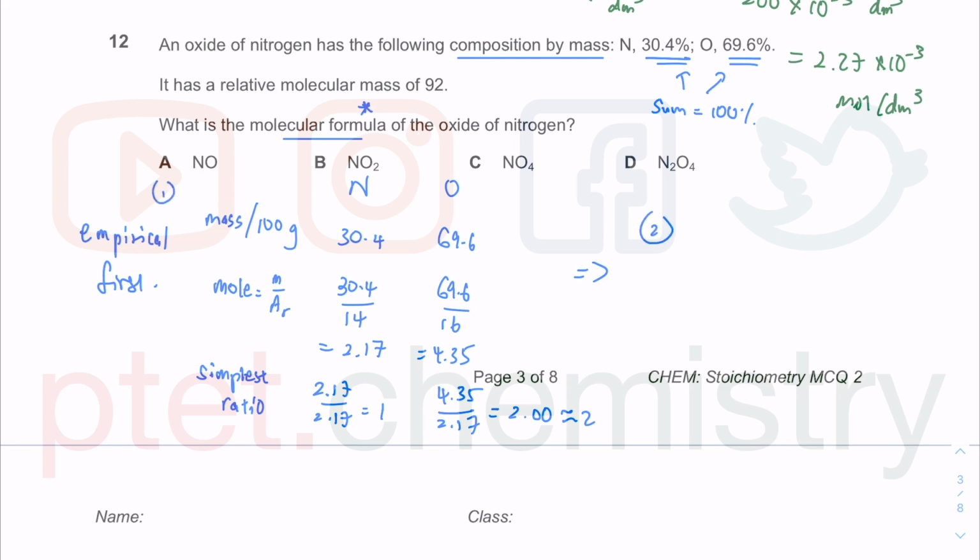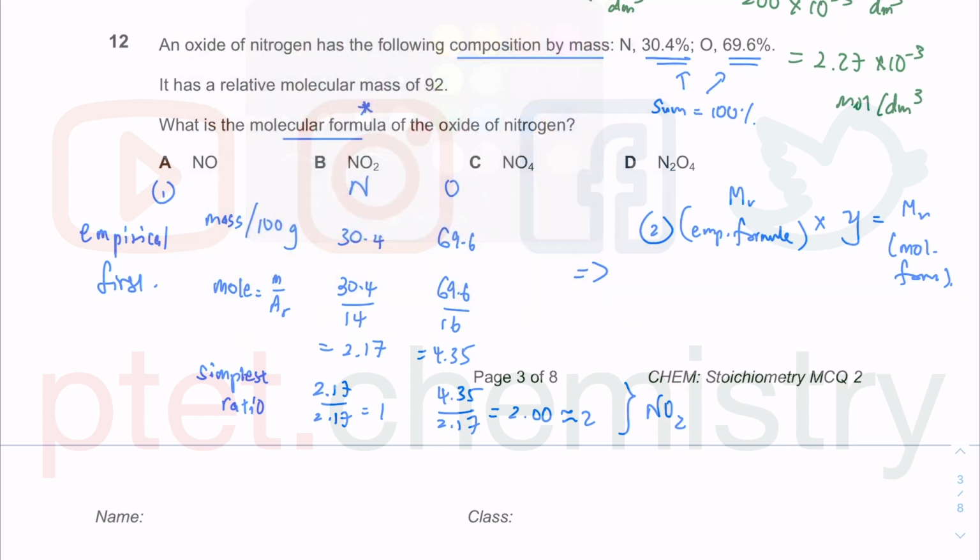My second step says empirical formula. The Mr of the empirical formula times a certain factor, let's say y, is equal to the Mr of the molecular formula. That is the conversion factor. How many times the Mr of the empirical formula, which is NO2? So you have 14 times 1 plus 16 times 2, that's 46.